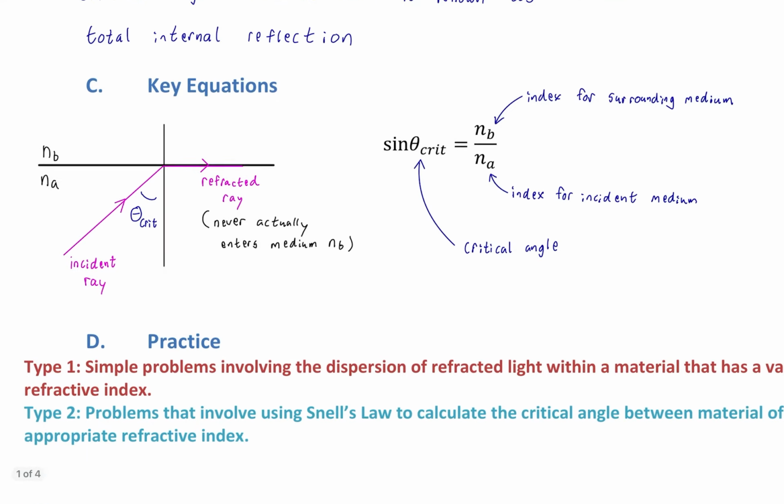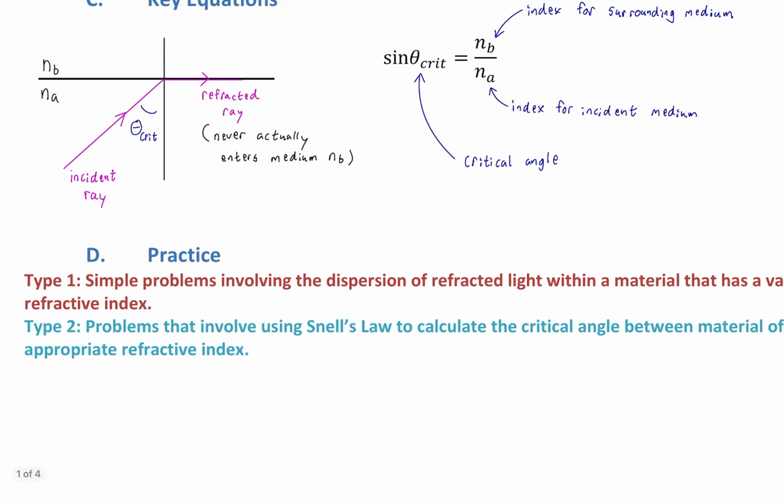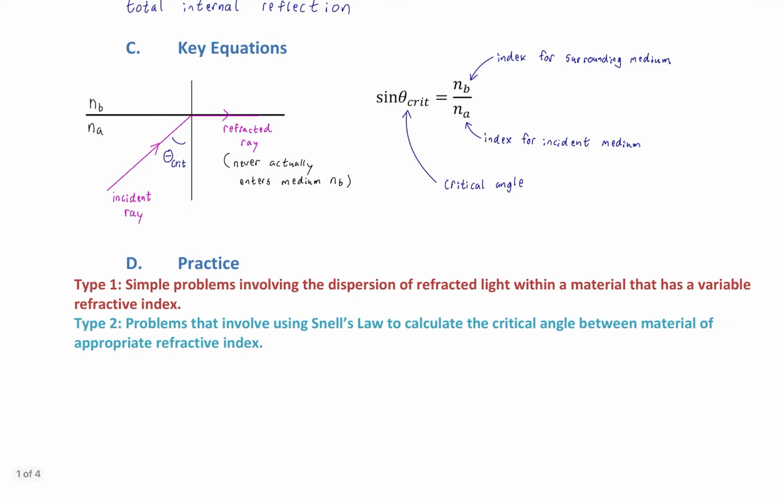Okay, all right, so we got two types of practice problems. Zoom out a bit here. Type 1: simple problems involving the dispersion of refracted light within a material that has a variable refractive index. There's a couple of those. Type 2: problems that involve using Snell's law to calculate the critical angle between materials of appropriate refractive index.